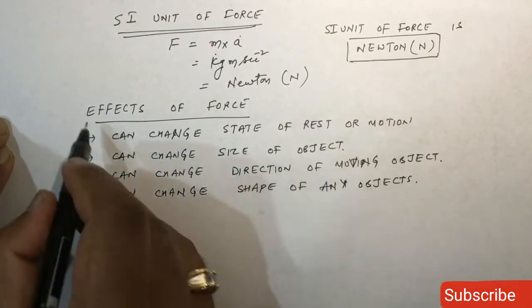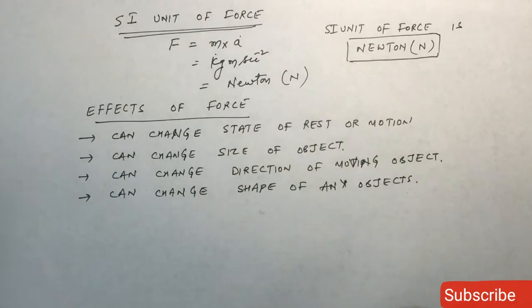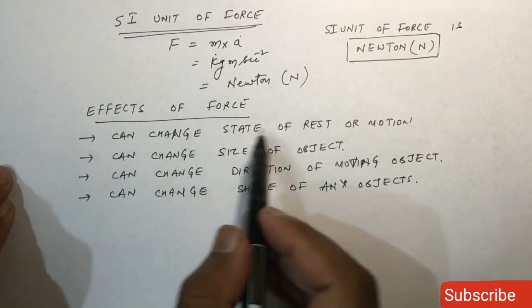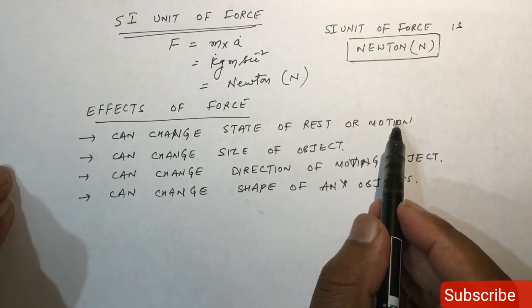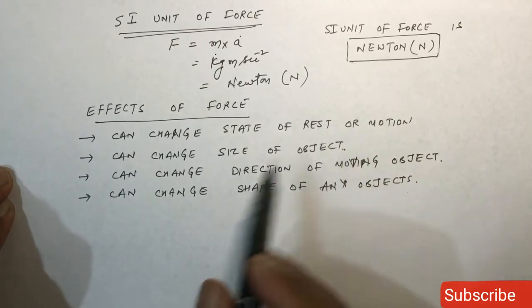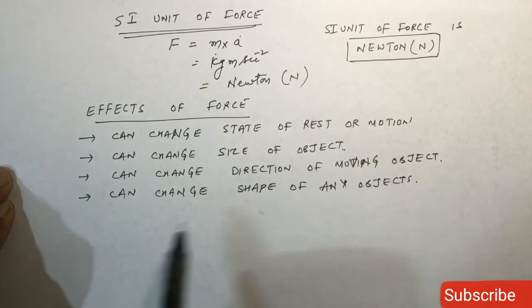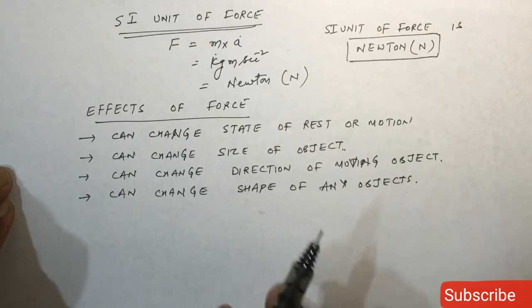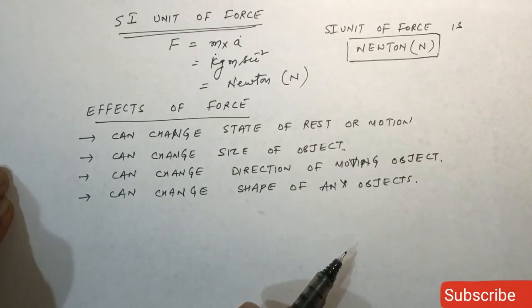So these are some effects of force on an object. So it can change the state of rest or state of motion. It can change the size of the object, it can change the direction of moving object, it can change the shape of an object. Clear?